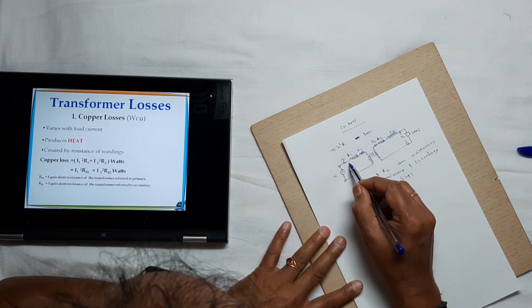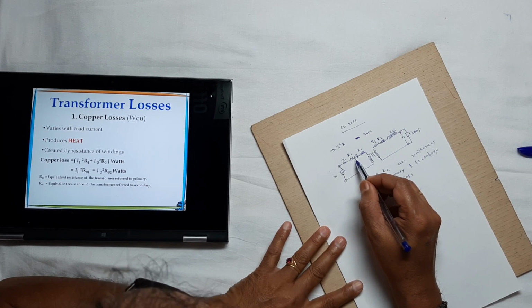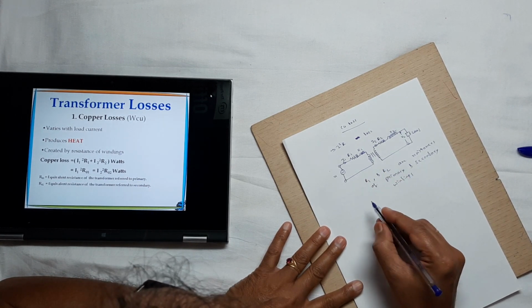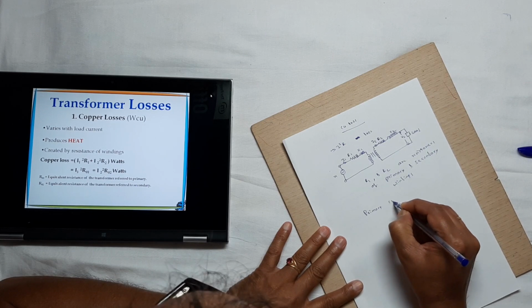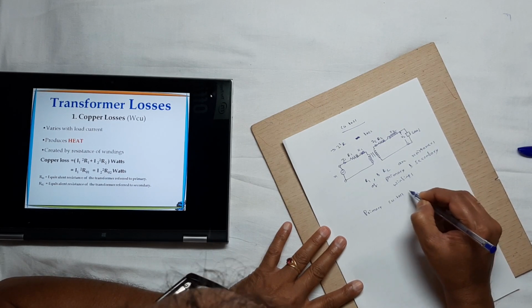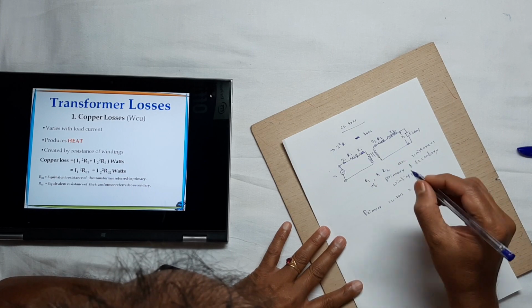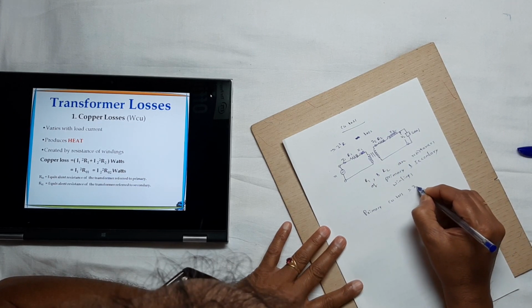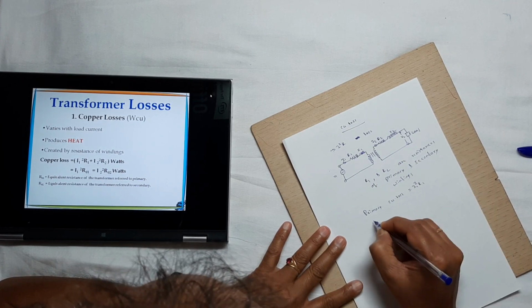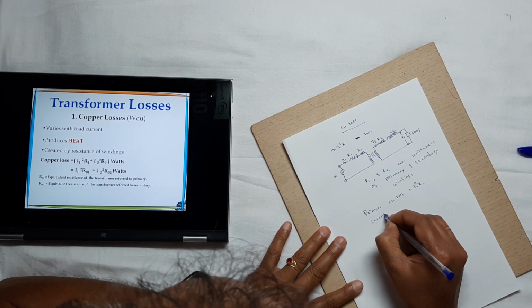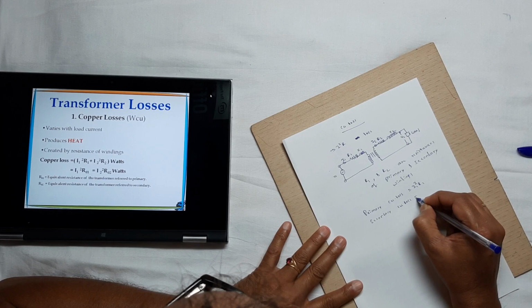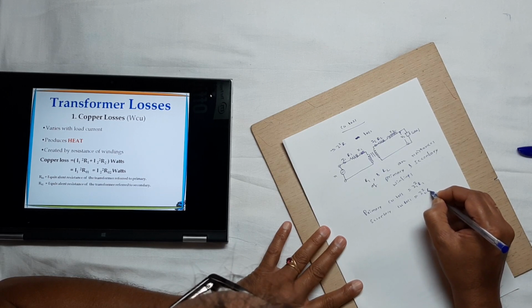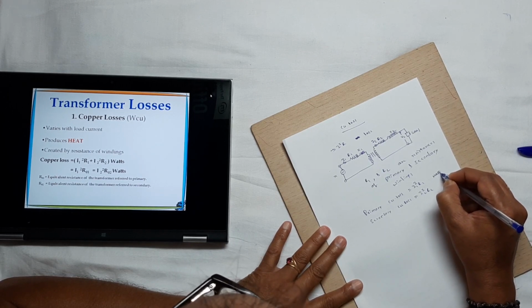Whenever a current is flowing through a resistance, a loss occurs, that is the primary copper loss. How do we get it? It is the current flowing through the primary resistance, that is I1 square R1, and similarly the secondary copper loss is I2 square R2, so many watts.